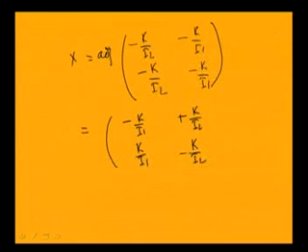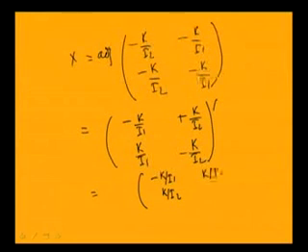So, minus k by I2. So, the transpose of this matrix will become minus k by I1, and this becomes k by I2, and it becomes k by I1 and minus k by I2.